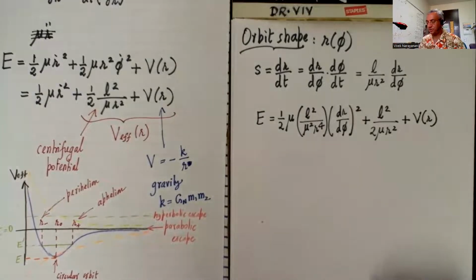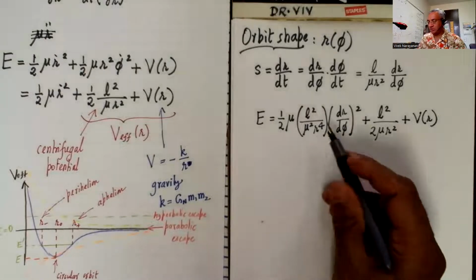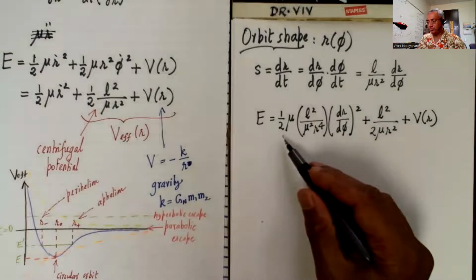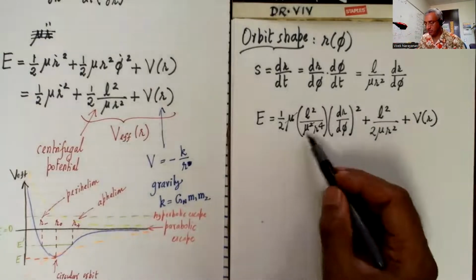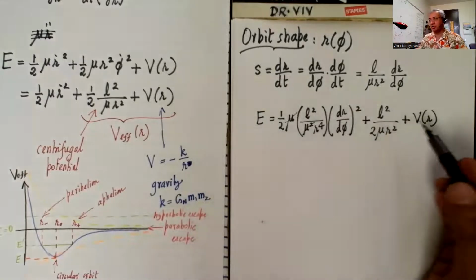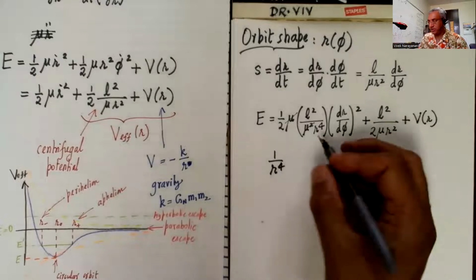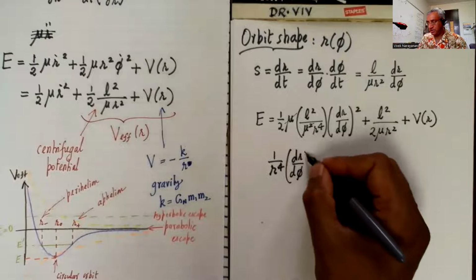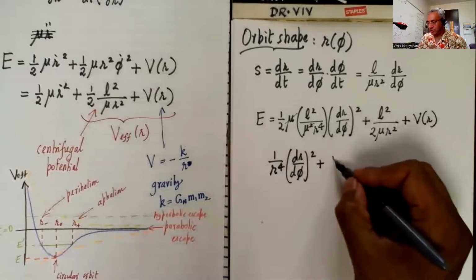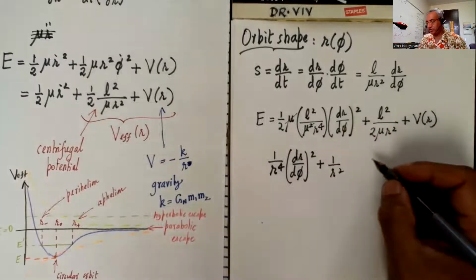Now, there's an r to the power 4 term here. There's an L squared over 2 mu. One of these mu factors cancels out, and I get L squared over 2 mu in both terms. So I can rearrange this as follows. I can write this as 1 over r to the 4 dr by d phi, the whole thing squared, plus 1 over r squared, and I can strip L squared over 2 mu and transfer it to the other side.